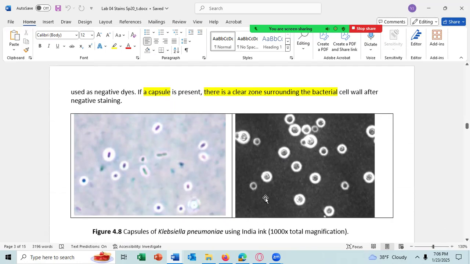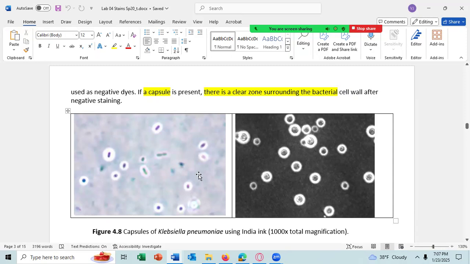India ink makes the background of the cell look dark, meaning the water, the media in the slide look dark. The capsule does not stain, and then the cell stains lightly. And that is called a negative stain or a capsule stain to show the appearance of the capsules.